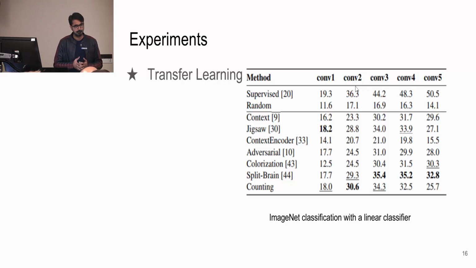Okay, then maybe that will clarify. So these are not the features from convolution 1, but these are when they freeze convolution 1 or something? Right.